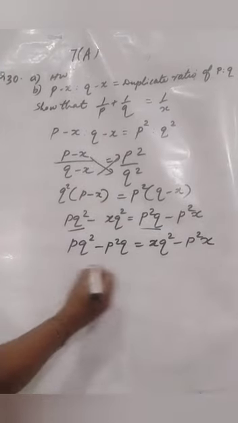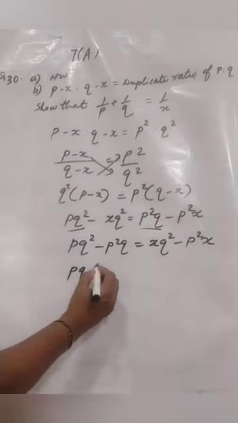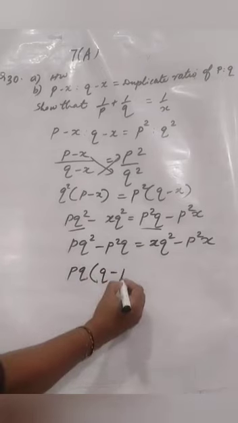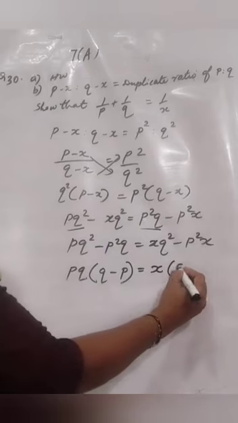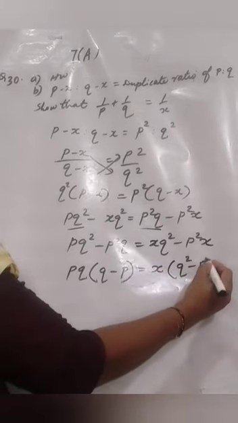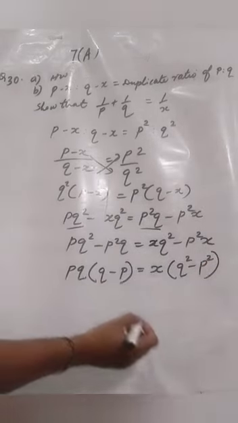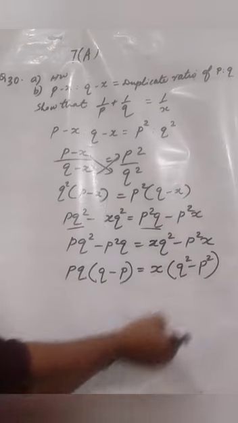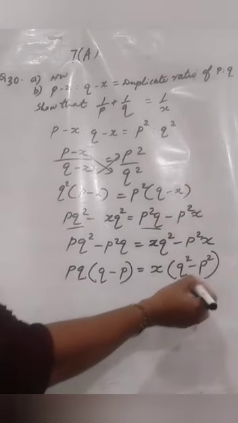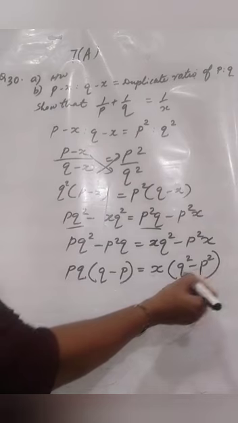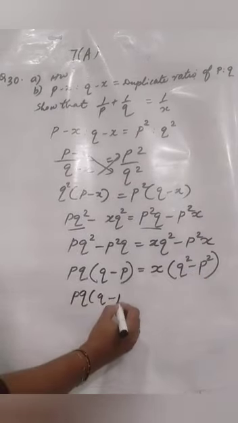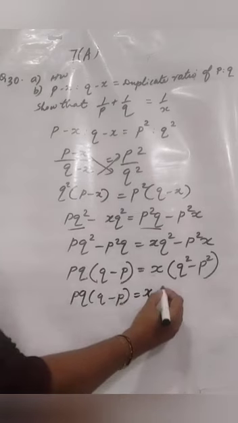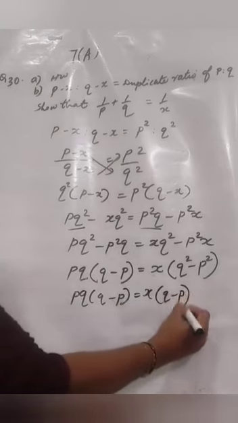What is common for these two terms? pq is common. So one q and one p is inside the bracket. Here what is common? x is common. So that is q square minus p square. But we know the identity a square minus b square is a plus b into a minus b. Here we can apply that. pq into q minus p is equal to x into q minus p into q plus p.